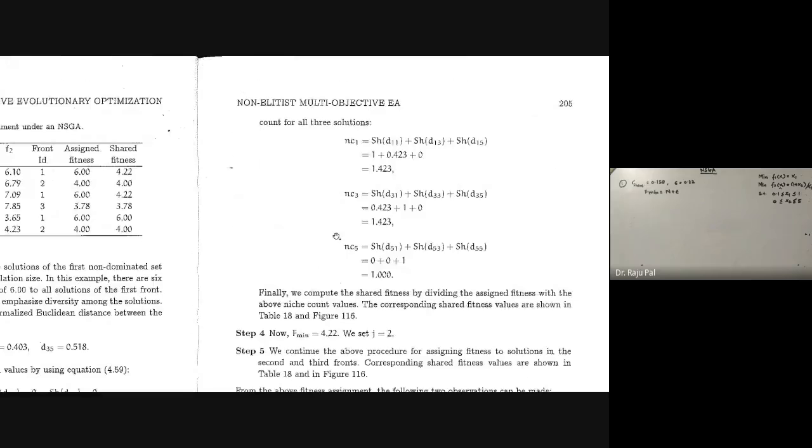In this example we consider only 6 solutions, randomly selected values for x1 and x2. Like for solution 1 the values are 0.31 and 0.89. Similarly we initialized 6 solutions, so the value of capital N is 6.